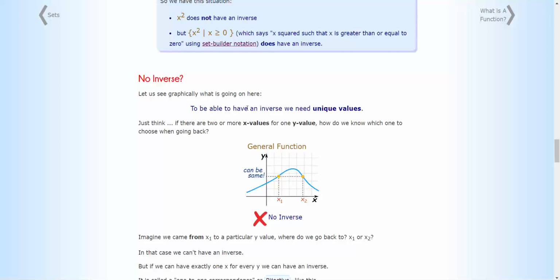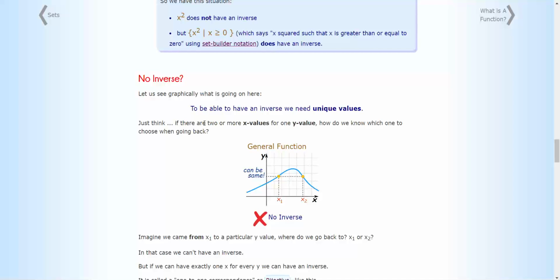To be able to have an inverse, we need unique values. Just think, if there are 2 or more x values for one y value, so basically something like a surjective function or normal function, how do we know which one to choose when going back?